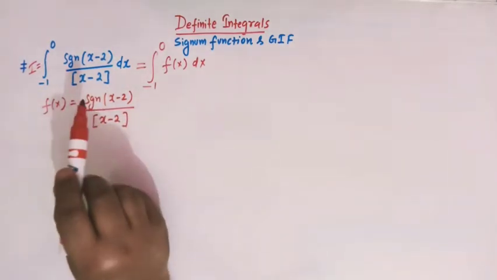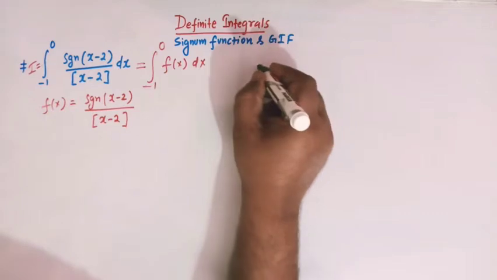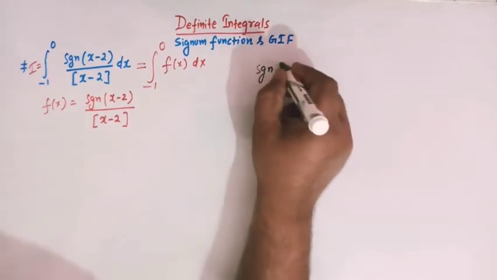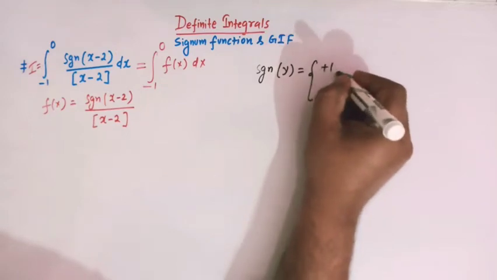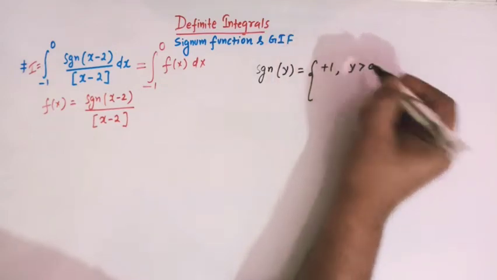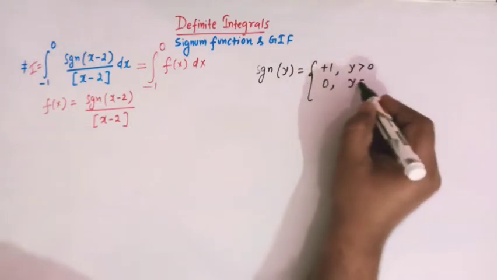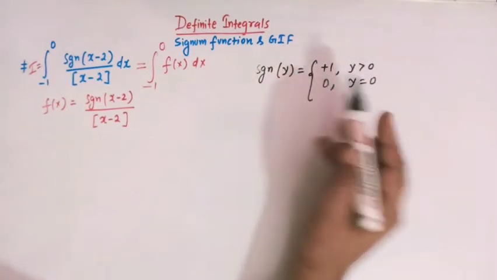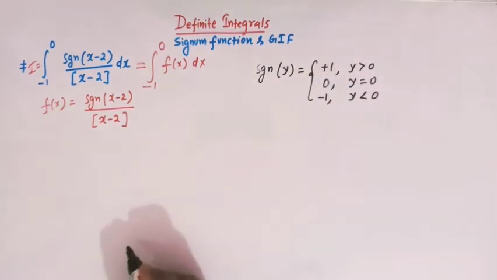Let us first see the definition of signum function. We know that signum of y is equal to +1 whenever y is greater than 0, signum of y is equal to 0 whenever y is equal to 0, and signum of y is equal to -1 whenever y is less than 0.